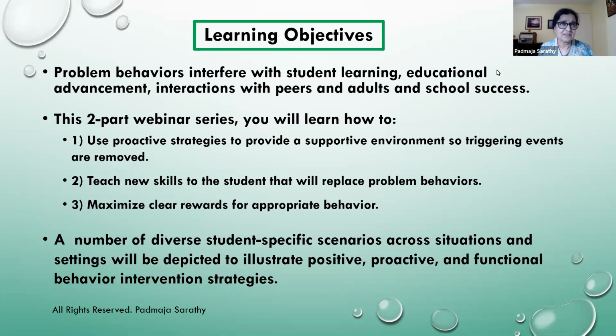Is it making a difference? Is the student stopping that inappropriate behavior? So we need to ask what is working. And if it is not working, we have to change that. And at the same time, when we use an approach and it is not changing the behavior, we need to teach the student new behavior.